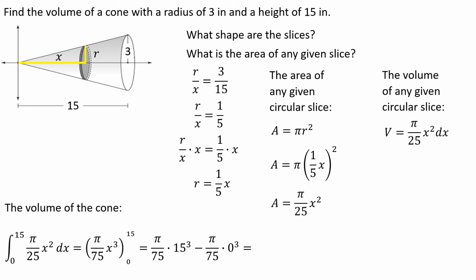Let's plug in the 0. 0 to the third power, I can completely forget about that term. 15 times 15 times 15, I might want to consult a calculator. I get 3,375. So I've got 3,375 pi over 75. Again, that 0 to the third power just makes everything a 0 back there.